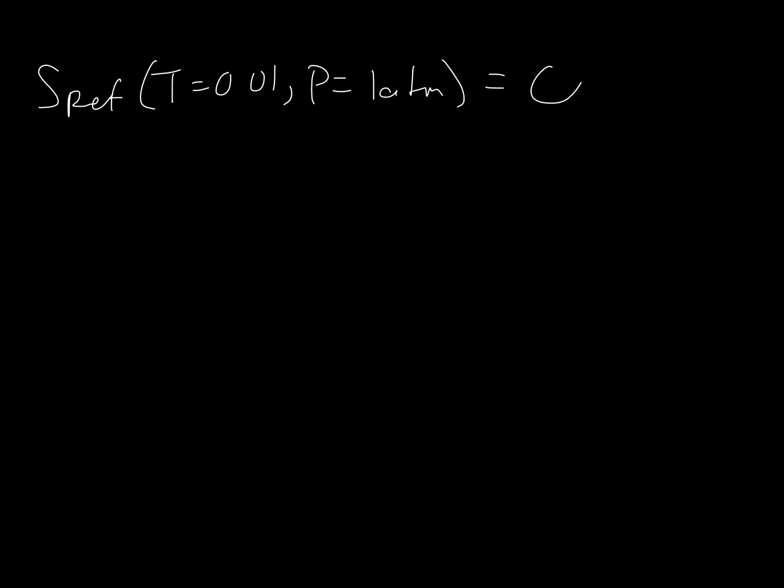Just like with enthalpy, with entropy it's the same thing. I can say that S ref at T equal to 0.01 and P equal to 1 atmosphere is equal to 0. So I have S as a function of temperature, and at 0.01 this is equal to 0.